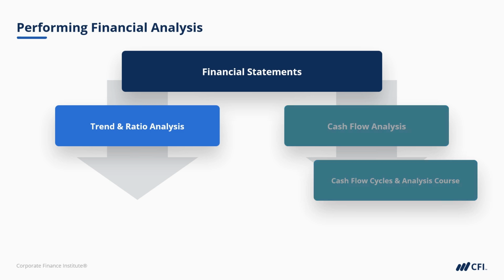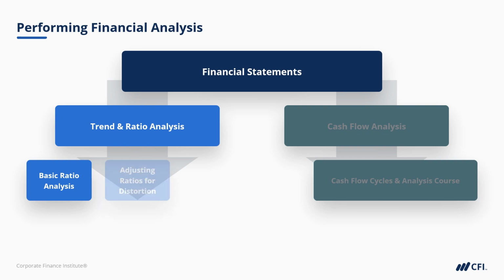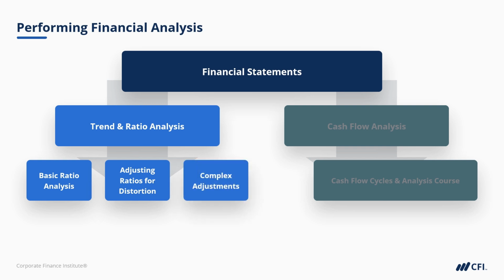The focus of this course is on trend and ratio analysis. We'll cover the basic ratios important for making a credit decision. We'll discuss the different types of adjustments we may do in order to normalize the ratios by adjusting for distortion, and also where there may be more complex adjustments required.